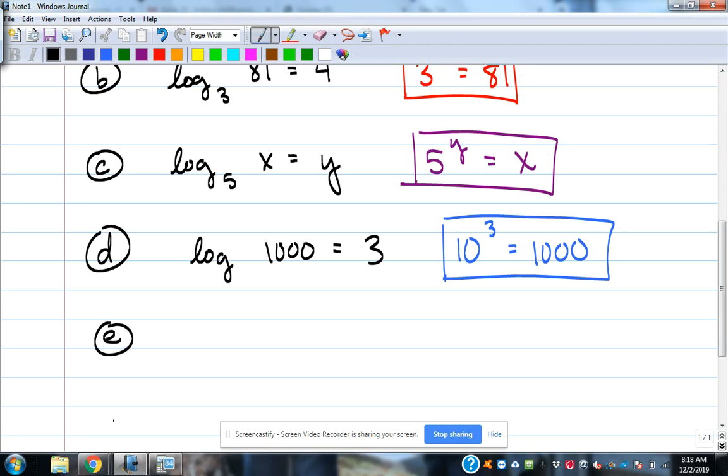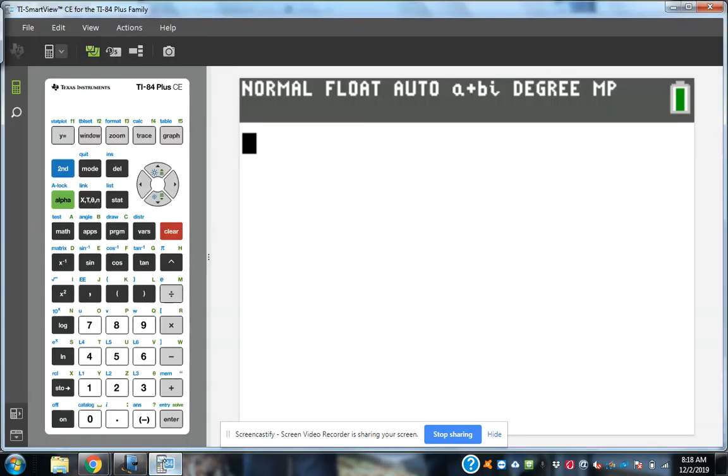All right, another common log is one that's used more often in science, in connection with biology, and you talk about bacterial growth and things like that, and that's the natural log, LN. Natural log is what it stands for. If you look on your calculator, I'll show you another helpful thing here.